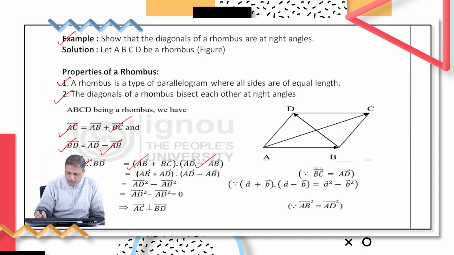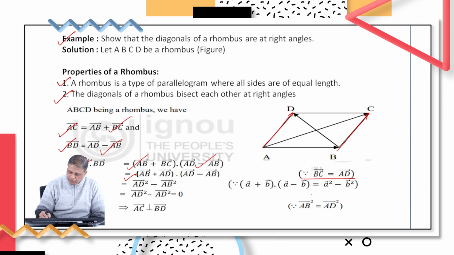And you know that this BC is equal to AD because they are parallel, and a rhombus is a type of parallelogram and all sides are equal. So that means the two vectors are parallel to one another, and we can replace BC by AD, as a result of which this equation will get modified to AB plus AD dot AD minus AB.